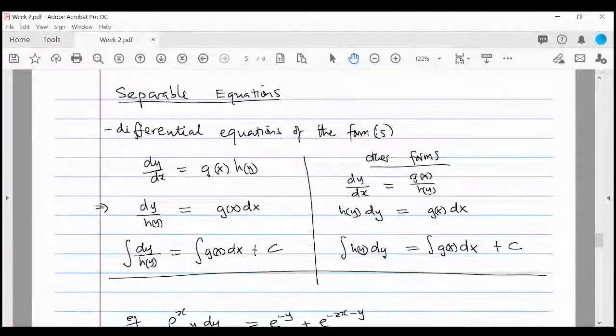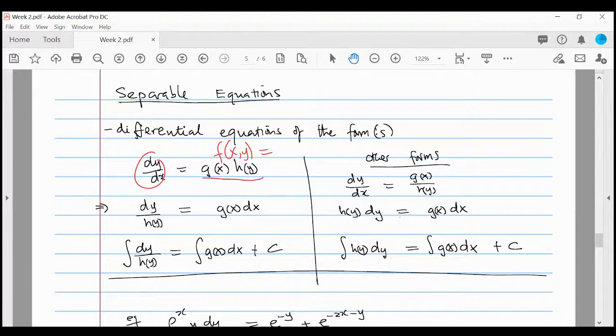So differential equations of the form dy/dx equals g of x times h of y. Remember, this was f of x, y. So now we can explicitly write f of x, y as a product of a function of x only and a function of y only. If we can do this to a differential equation, then we know that it's a separable equation.